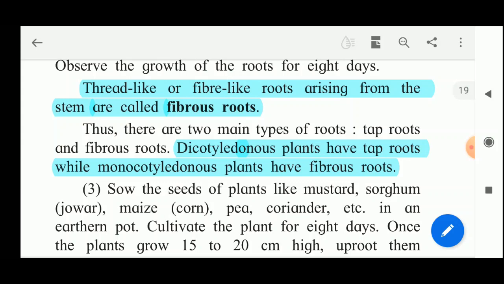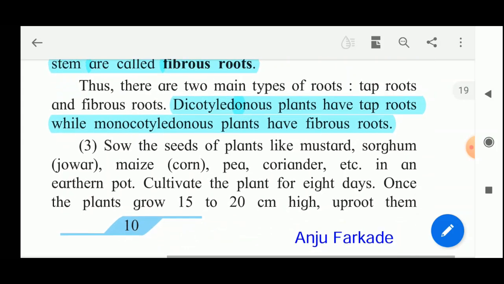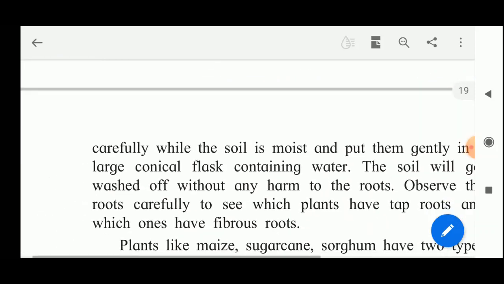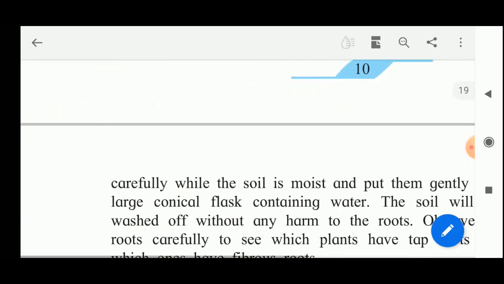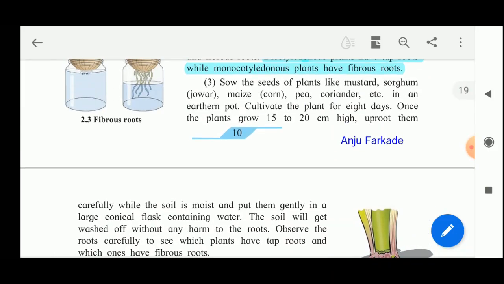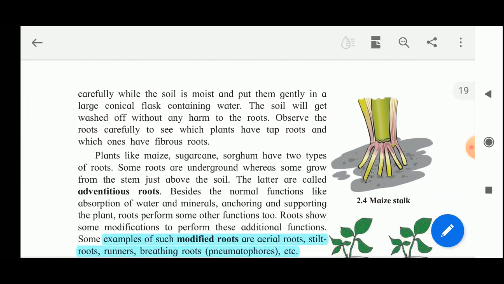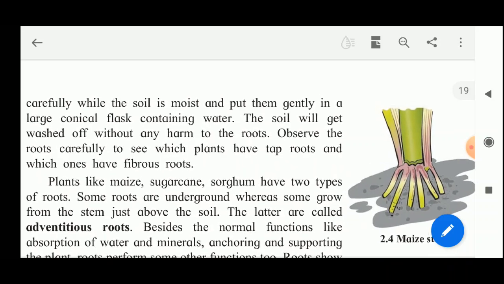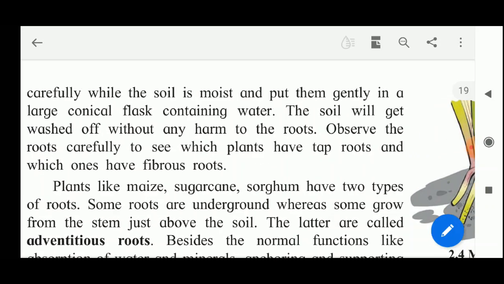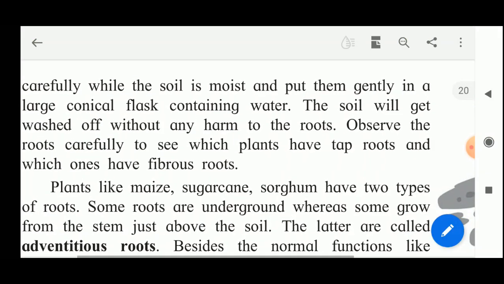Once the plants grow 15 to 20 centimeters high, uproot them while the soil is moist, and put them gently in a conical flask containing water. The soil will get washed off without any harm to the roots.